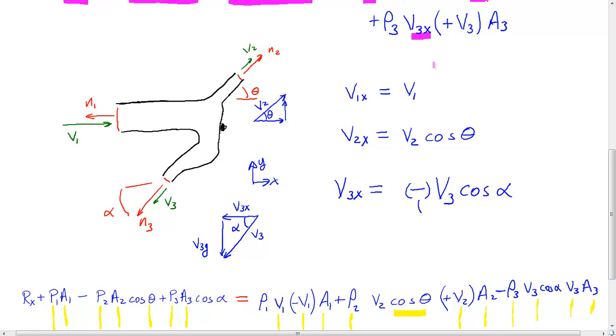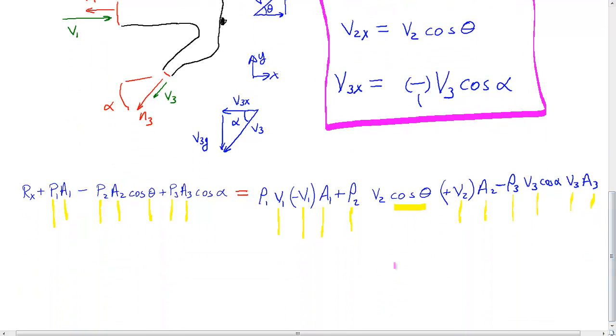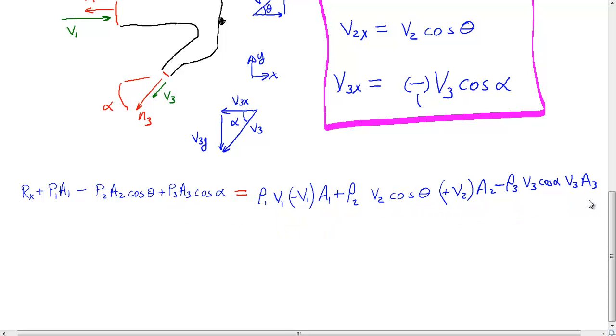We broke them down, redid the drawing and broke it down component-wise. And then we ended up with the final equation. Now, yes, it would take a minute to put the numbers in here if we were given them. But instead of working on this problem, I'm going to come up with a new problem that looks very similar on the next video.